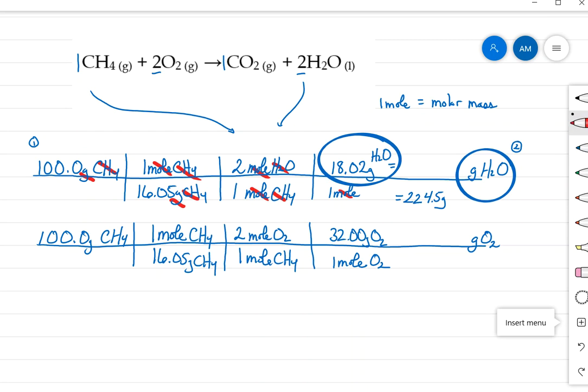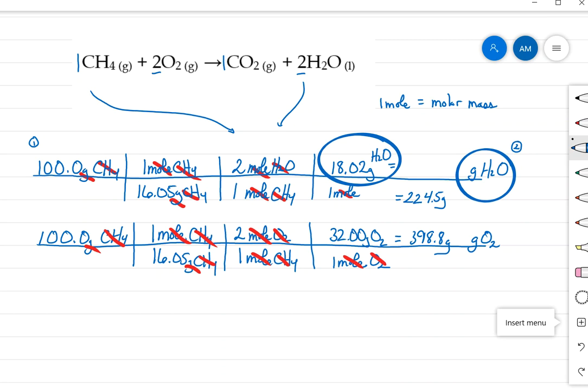Again, we want to check, make sure everything cancels out. Moles of O2, and we're left with what we're trying to find. So this is going to equal for us 398.8 grams. Again, 4 sig figs. It sounds like quite a bit.